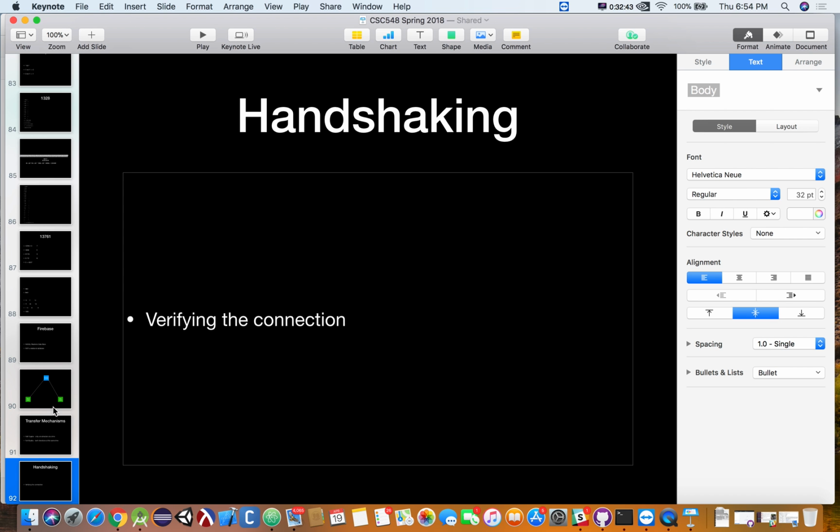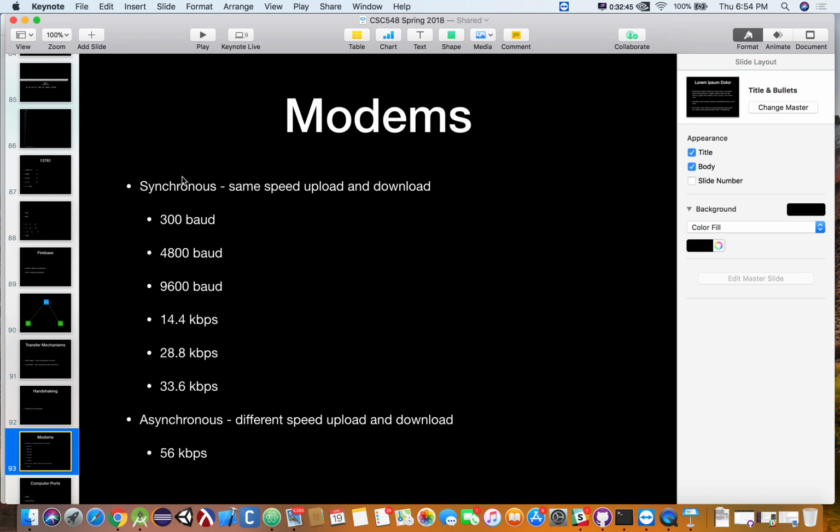If we go back to this thing I had up here with modems, when I say baud, that's bits per second. So 1 baud is 1 bit per second, and 300 baud means 300 bits per second. If we think about our fast internet at home today, we've done this math before.